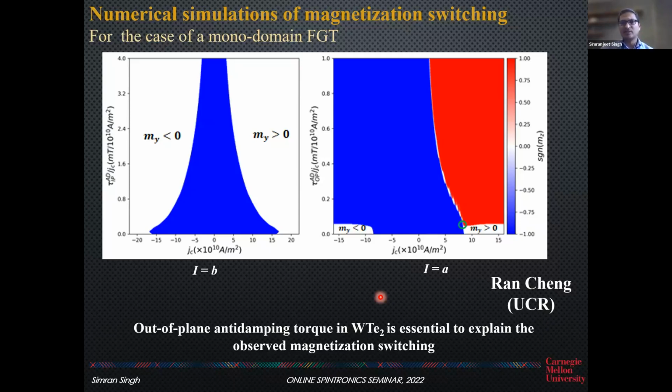But this numerical simulation qualitatively explained that it's essential to have some kind of out-of-plane anti-damping torque to explain the switching that we see in our sample.